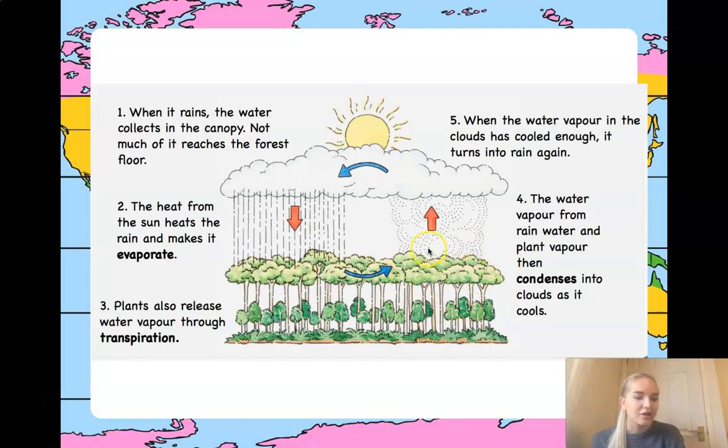This water vapour then condenses into the clouds. This arrow here is showing the water vapour condensing into the clouds as it gets a bit cooler. When the water vapour in the clouds has cooled enough, it turns into rain again, and the whole process begins again. That is part of the water cycle.